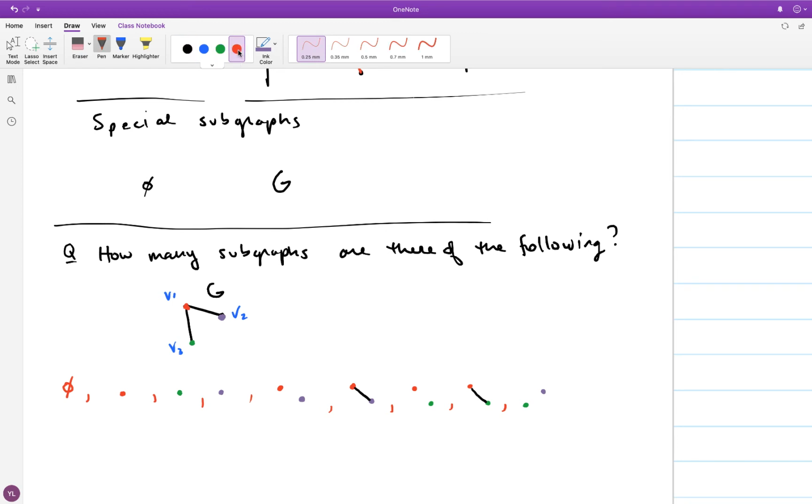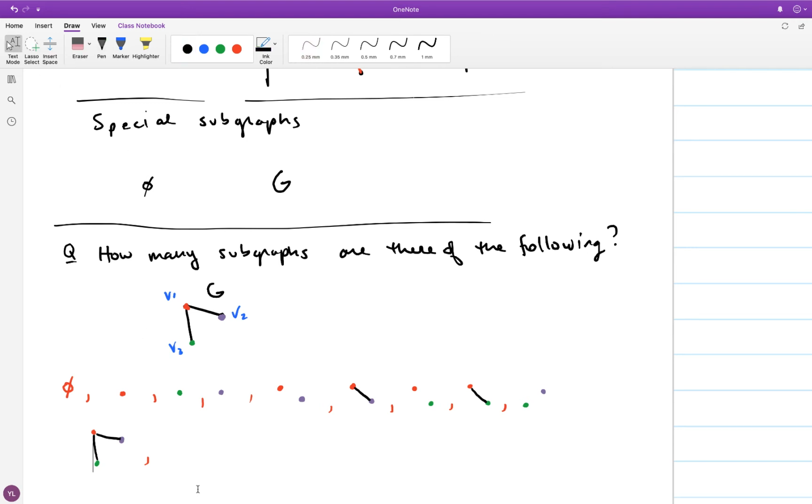And then we're going to have some graphs that consist of all 3 vertices. So let me color those three and copy them in case I need them later. Okay, so G itself is a subgraph of itself.